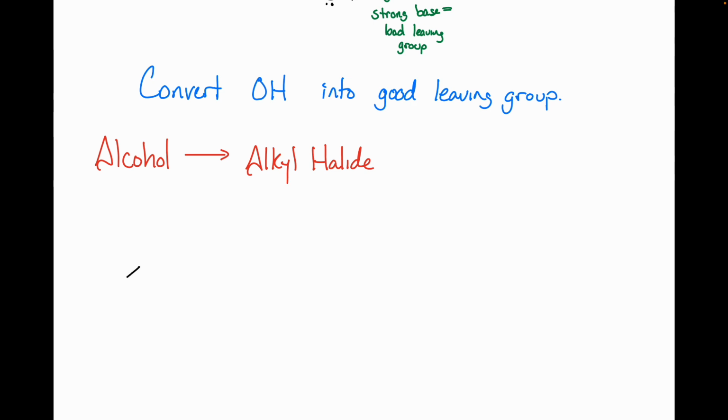All right, so let's take an alcohol here. Notice that we're starting with a primary alcohol. We can convert this thing into an alkyl chloride.